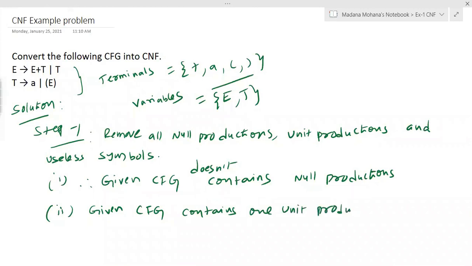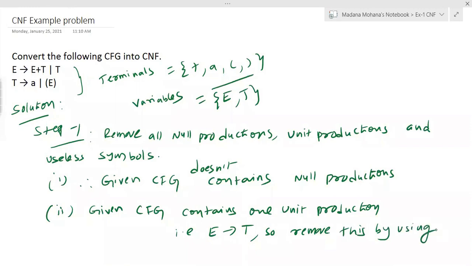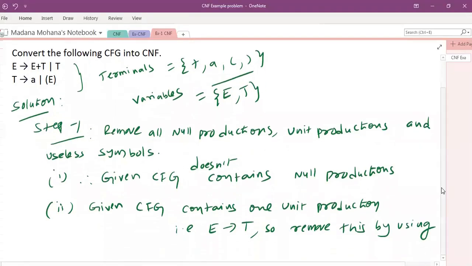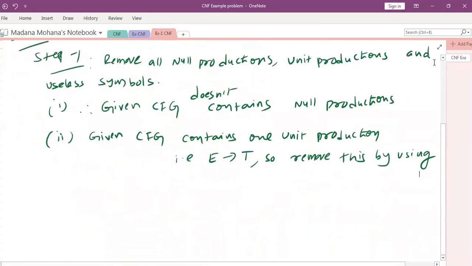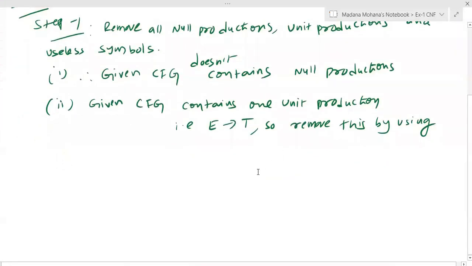We will also do this one. This we already discussed. The unit production is E derives T. Remove this by using the substitution rule.